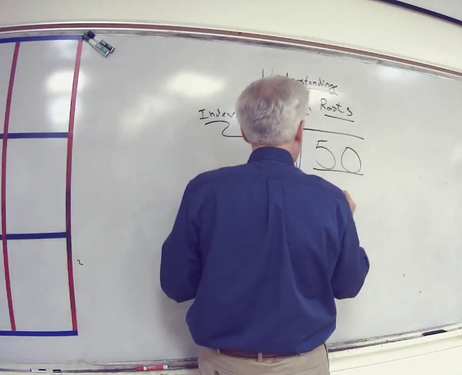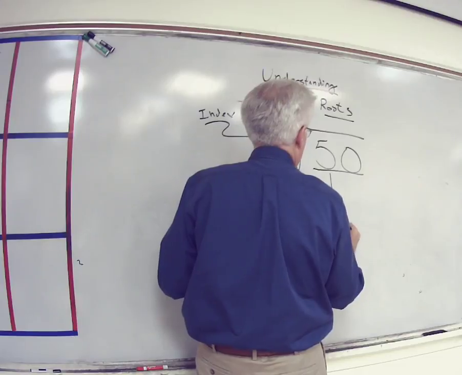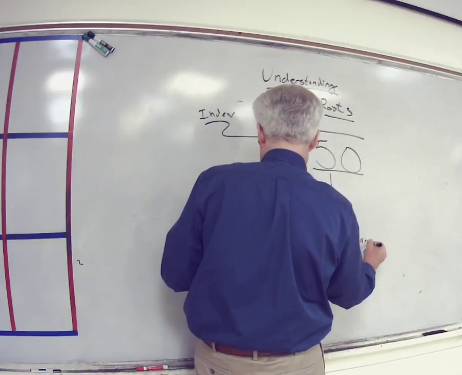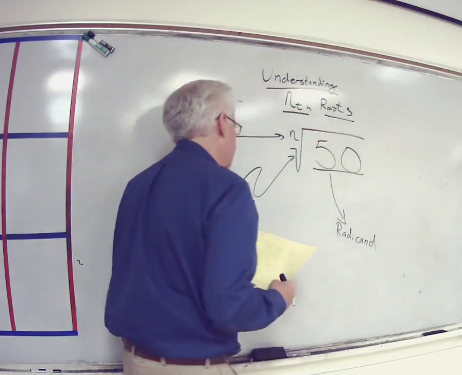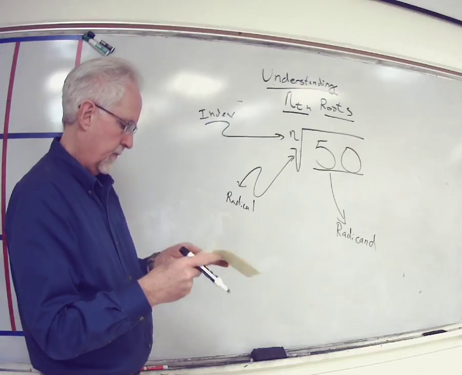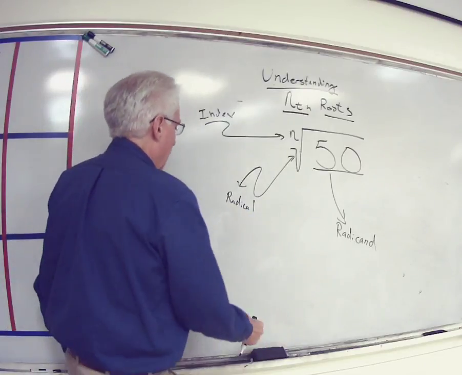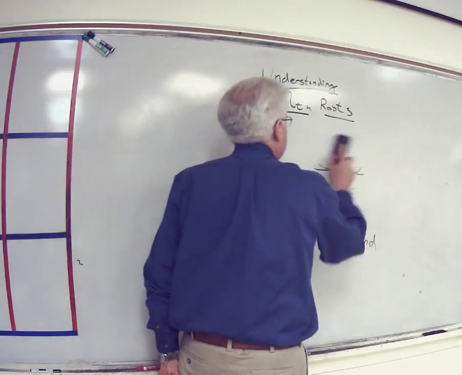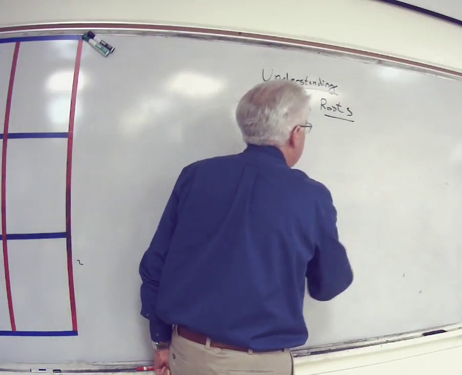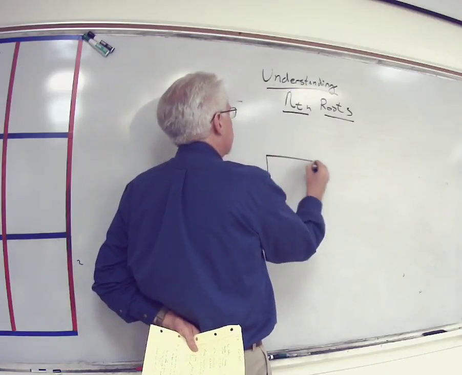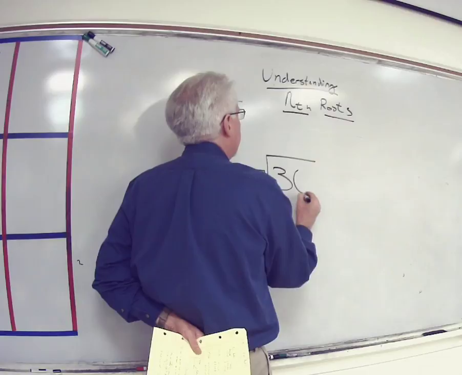And this is the radicand. Kind of a strange word, radicand. Now be careful before you answer this. Think. What is the square root of 36?